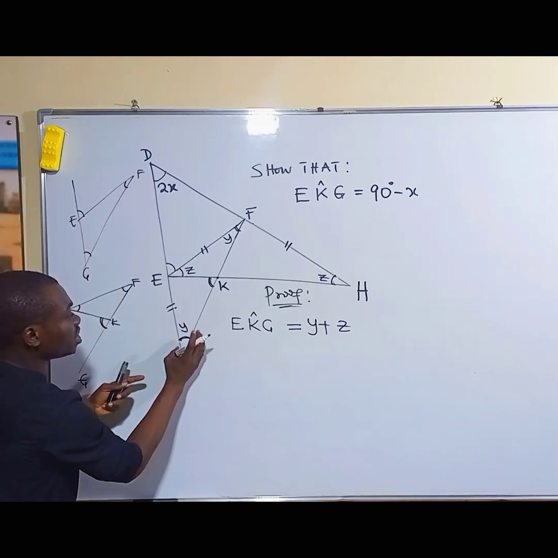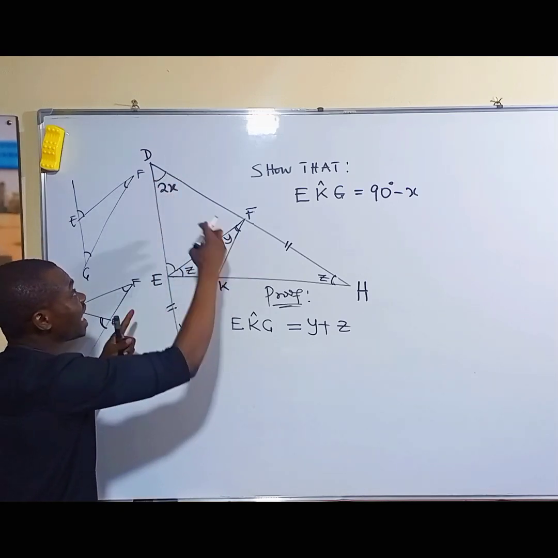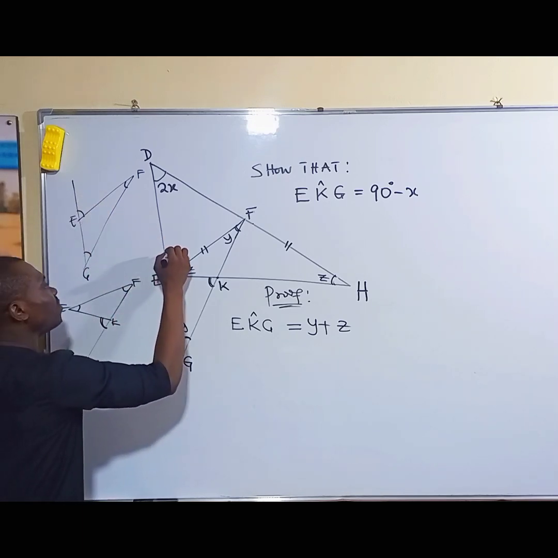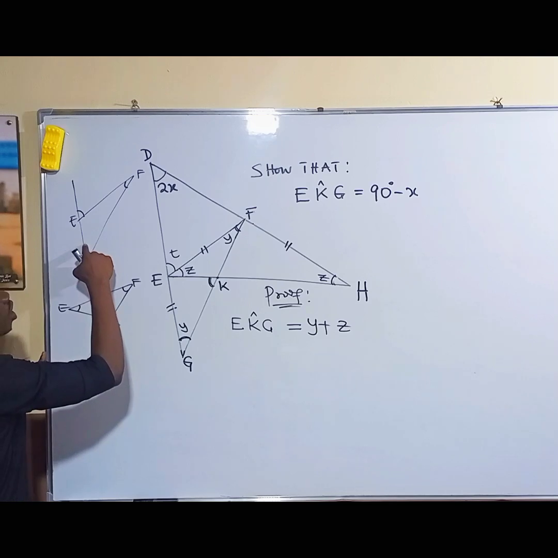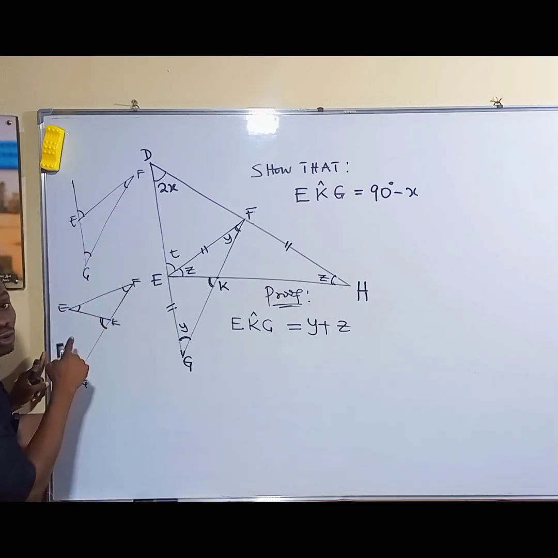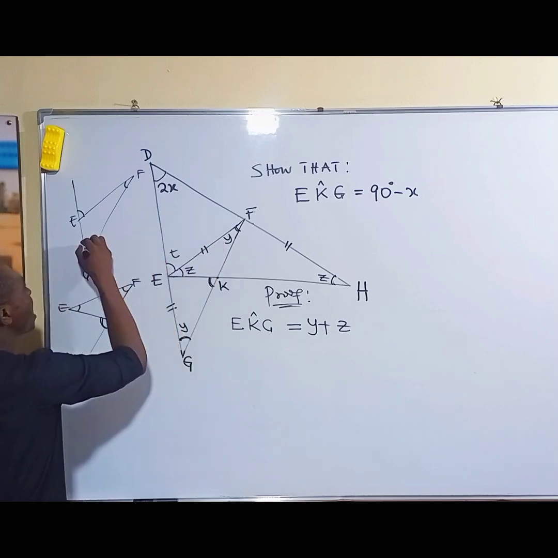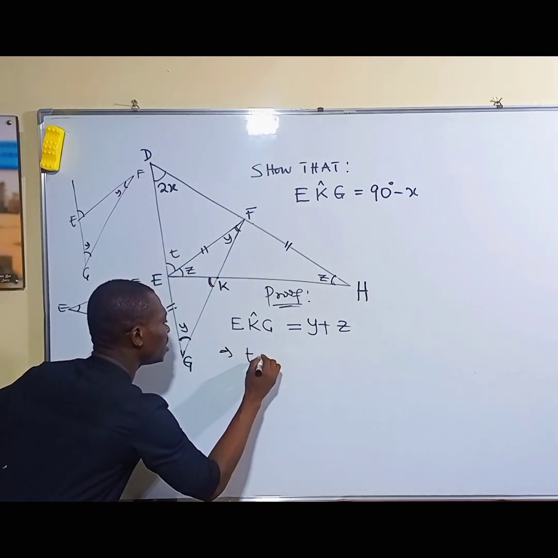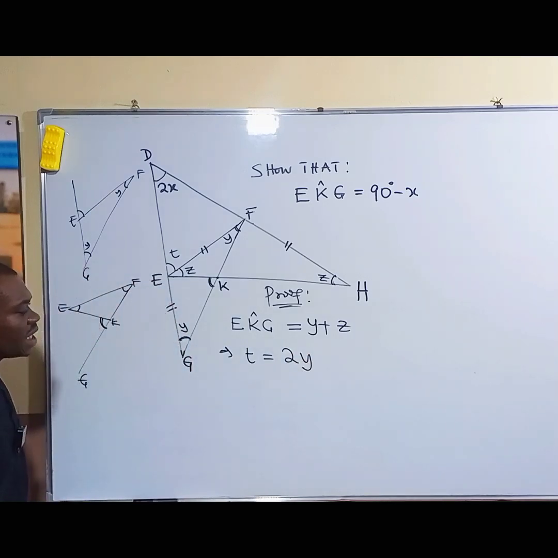I want to create a relationship that will involve Y, Z, and x. Let me call this angle T. Then T is equal to the sum of these two opposite interior angles, which are Y and Y. So my T is equal to 2Y. Keep that in mind.